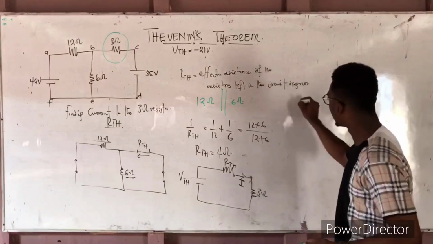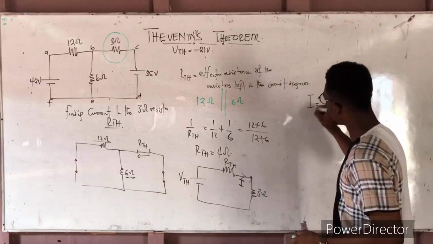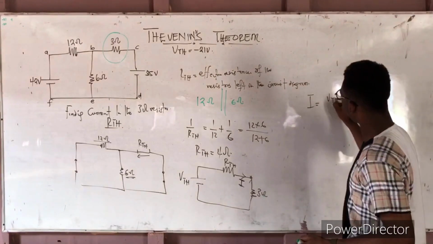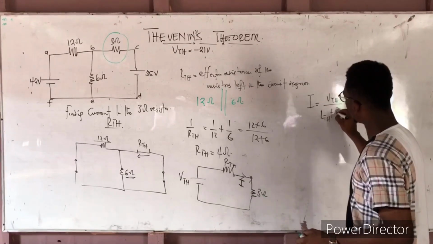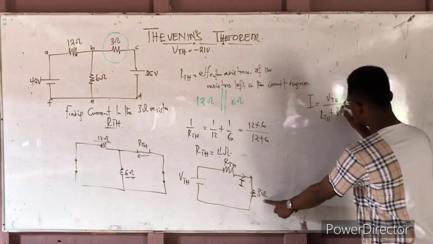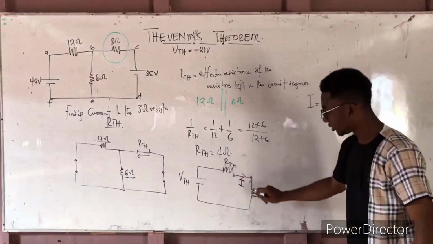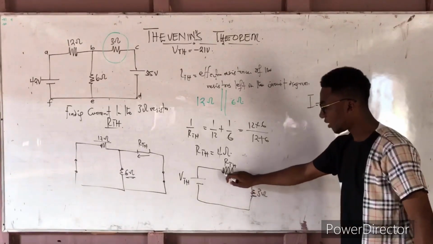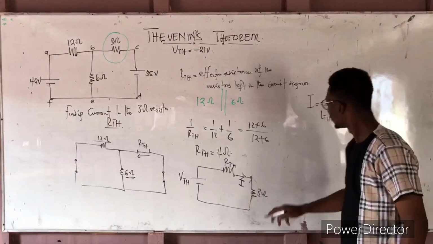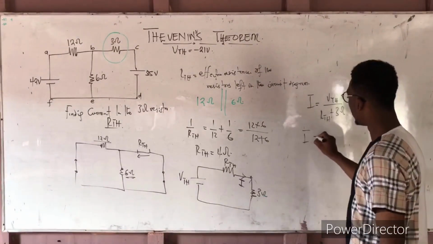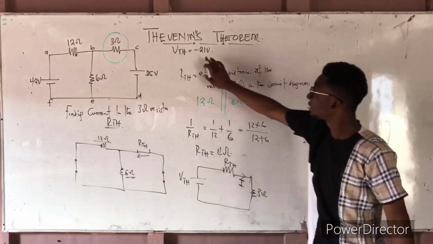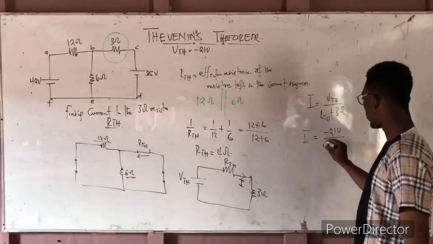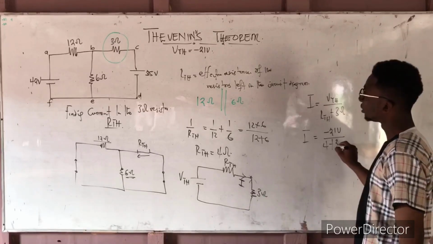So how do you find this current? This I simply becomes the VTH divided by RTH plus this 3 ohm resistor, because they are in series. The same current will pass through them. So we have minus 21 volts from what we got, divided by 4 plus 3.